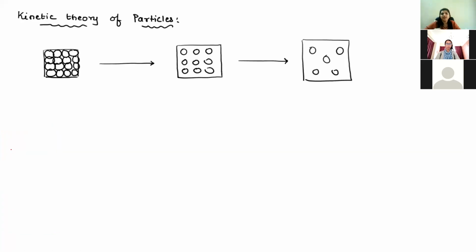In which condition does a solid turn to liquid and liquid to gas? Can I say heating, when I increase the temperature? Correct? So heating. You must have seen, for example, butter.